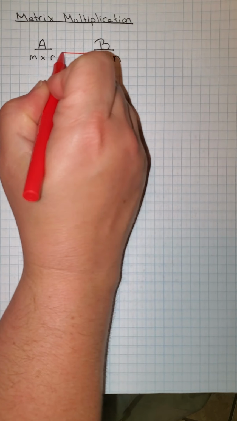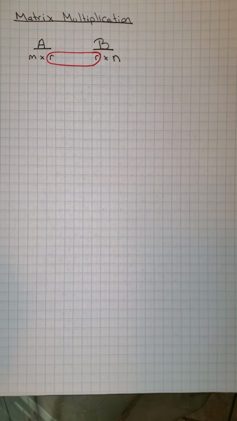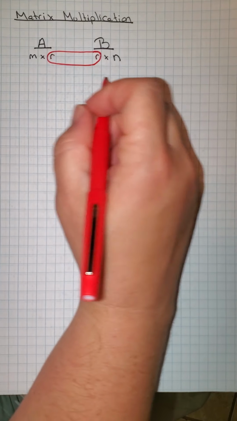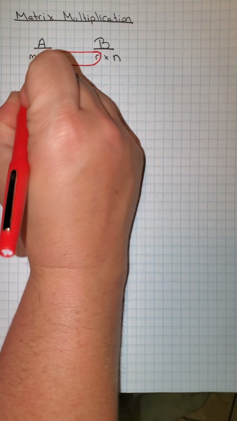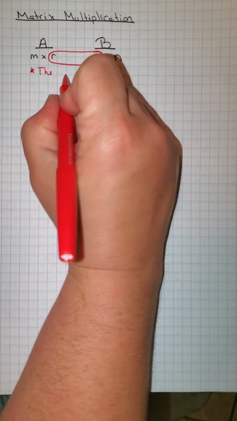So like for instance on these two, they're both R's. So we're going to multiply a matrix A and matrix B. The answer will be an M by N matrix. It's the ones that are left over if you took the R's out.